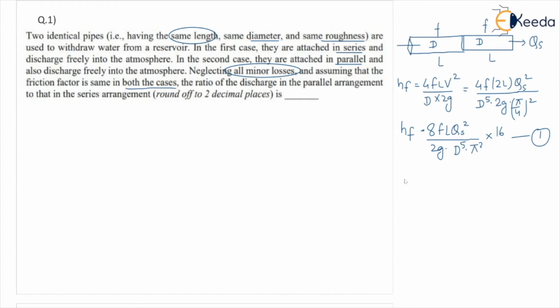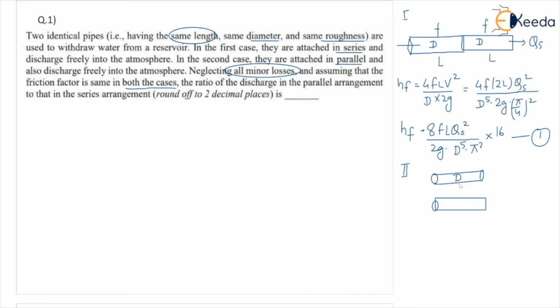Now case 2. When the pipes are connected in parallel. This is case 1, now case 2, parallel connection. So when the two pipes are in parallel, what happened here?